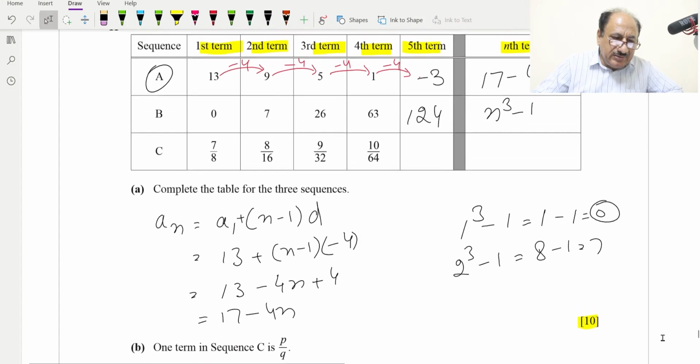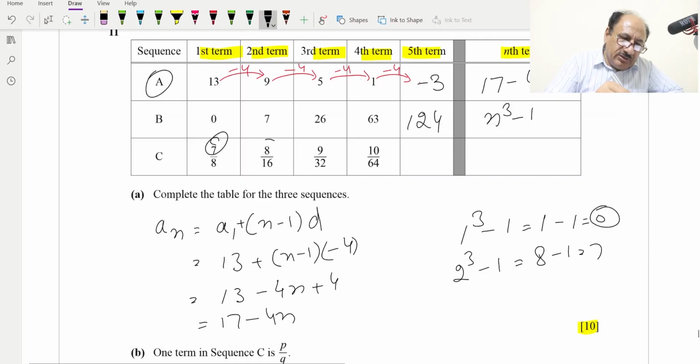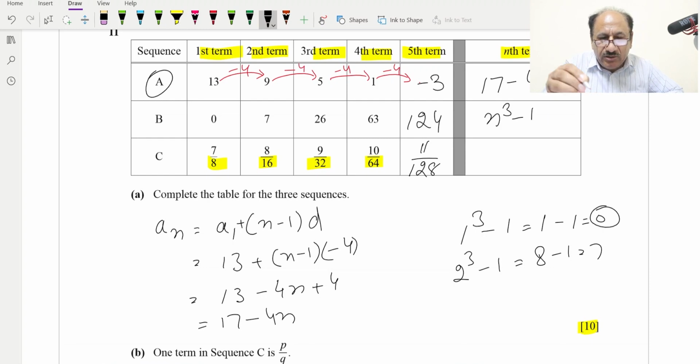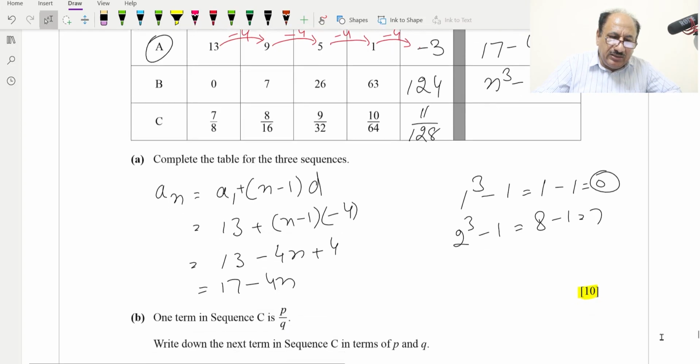So next is C. If you check the numerator, 7, 8, 9, 10, next will be 11. And similarly, if we check the denominators, this is 8, double of 8 is 16, double of 16 is 32, double of 32 is 64, and double of 64 will be 128. This one we got as the fifth term. Now we need the nth term also. For the nth term, we will be having sequence 7, 8, 9.